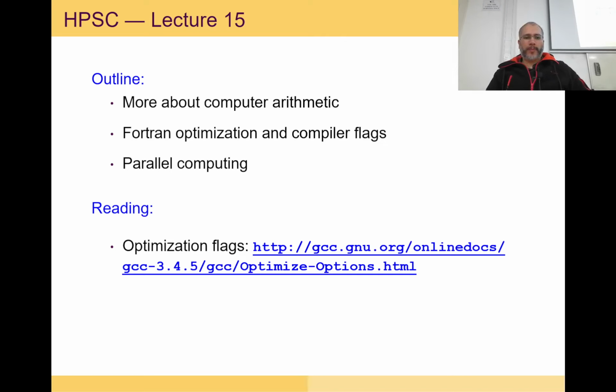In case you want to read more about optimization flags, there's a link here as well. That's the GCC optimization. GCC is the GNU compiler collection, and gfortran is a part of GCC. So you can read more about the optimizations available here, but we'll talk about a few in today's lecture.